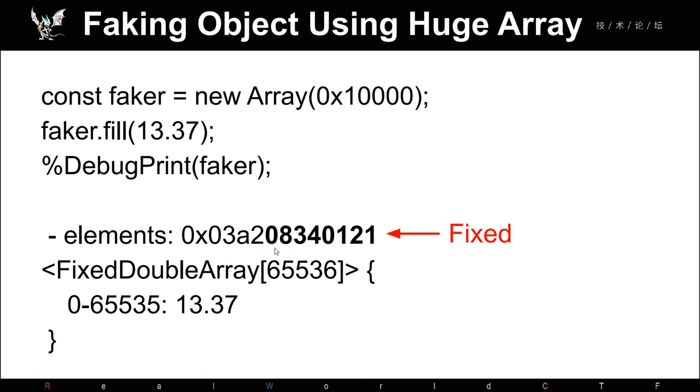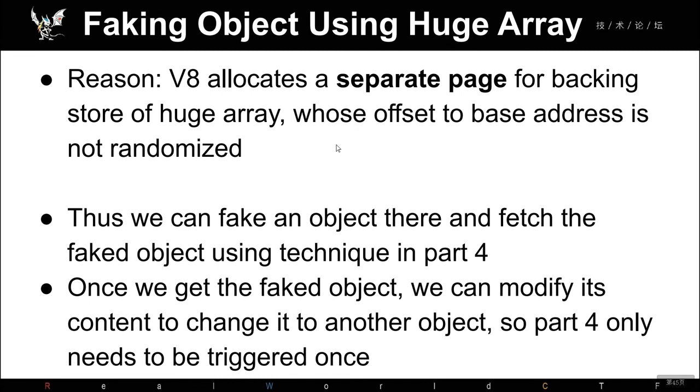This means we can exploit this address to fake an object in this fixed double array. The reason for this is that V8 allocates a separate page for the backing store of a huge array, whose offset to the base address is not randomized.